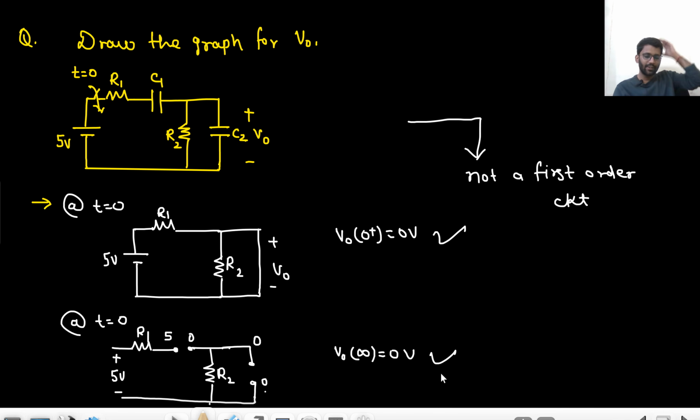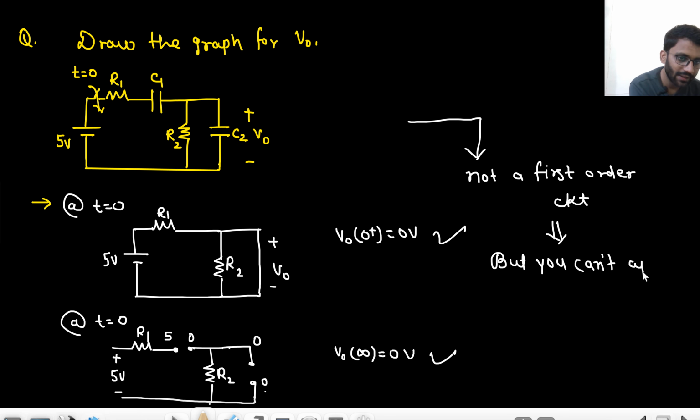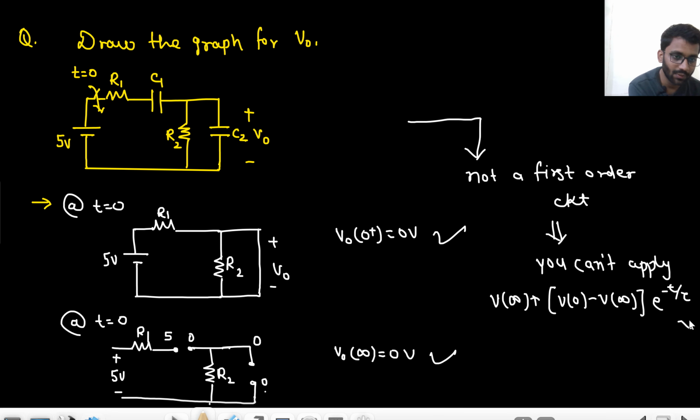If they are asking what is the value at t equals to 0 and what is the value at t equals to infinity, these values are fine, but you cannot apply this formula: V naught of 0, V naught of infinity, e to the power minus t upon tau, because this is applicable only for first order circuits. Okay.